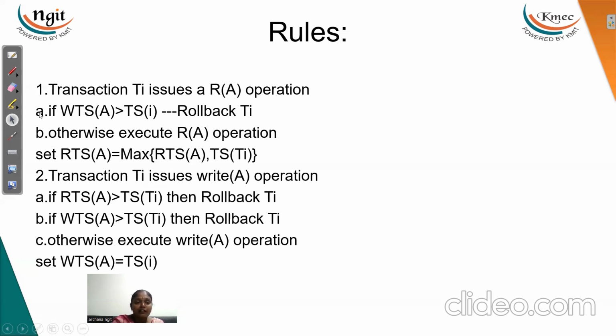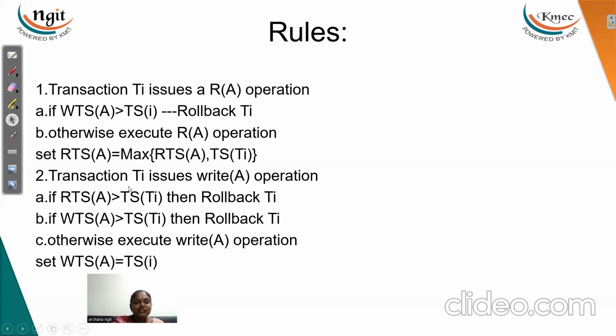Now, in what scenario do these set of operations have to be done? When you are performing read operation, what will be the conflicting operation to the read? That is write. So that's the reason we are checking the write timestamp of variable A. That's the reason we have only one checkpoint here.